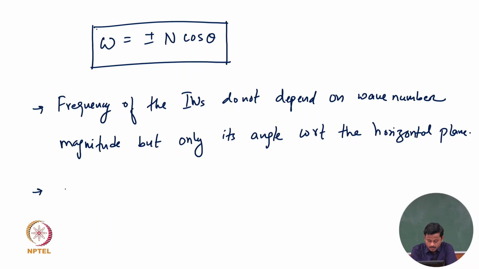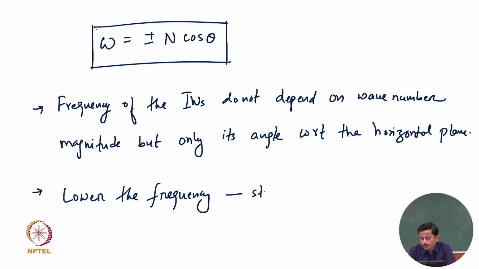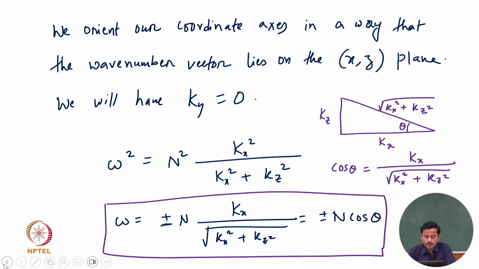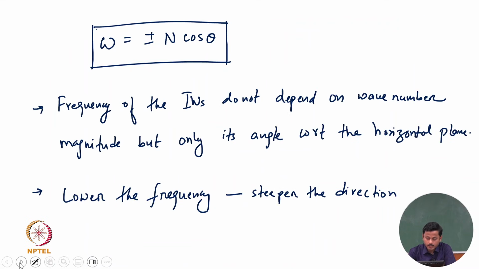This means the lower the frequency, the steeper the direction. Of course, this comes from this triangle.